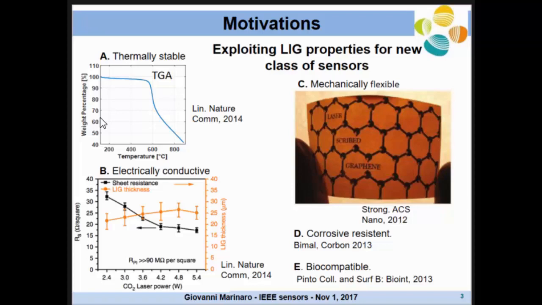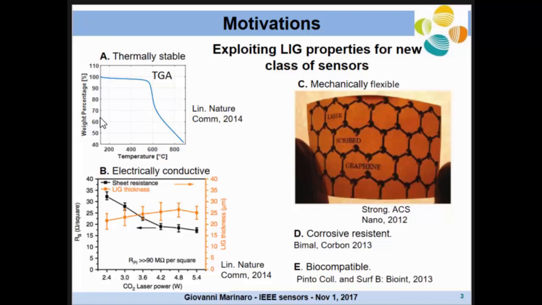If you see here, for example, we can reach temperatures up to 600 degrees, and it doesn't change the weight percentage so much, 3–4%. It is electrically conductive.